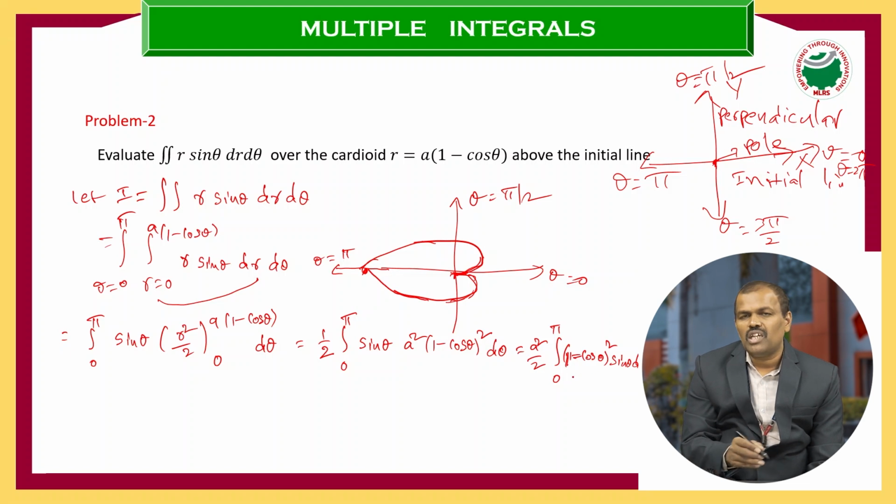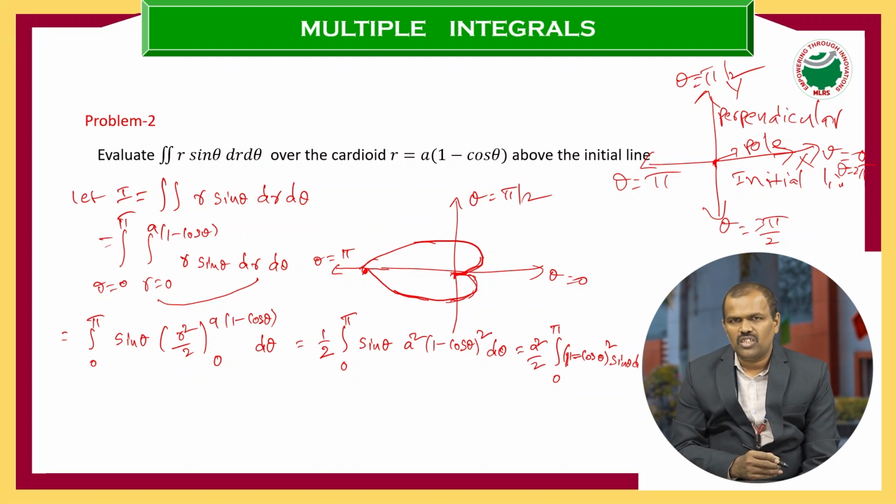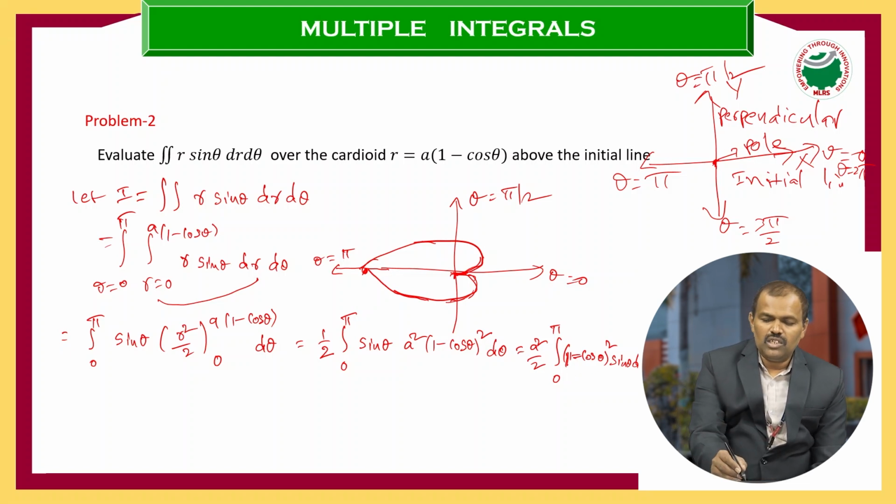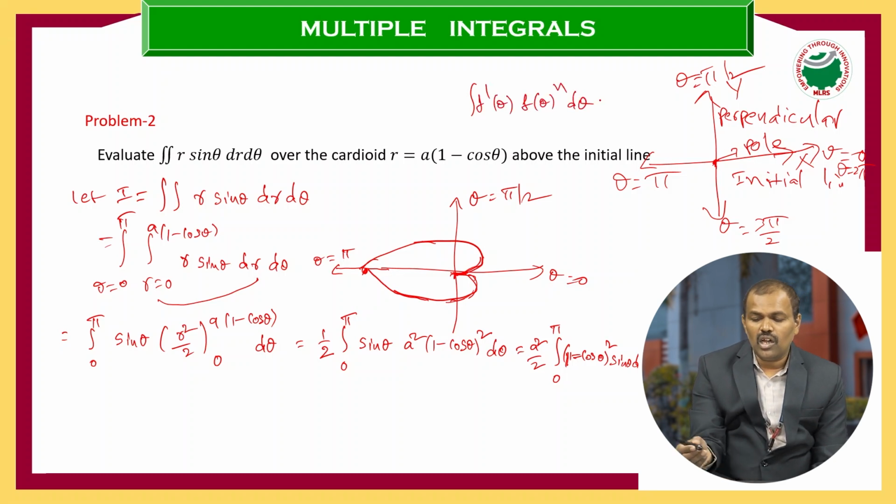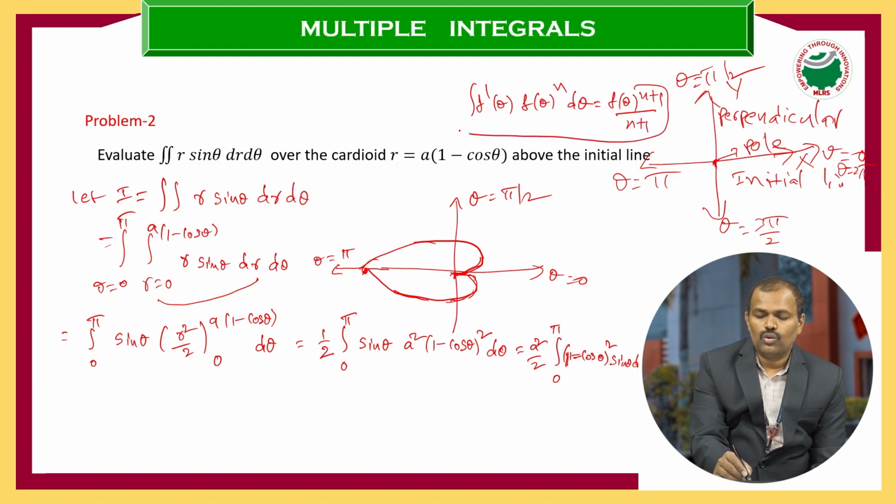If I take 1 minus cos theta as f of theta, then the integral of f dash of theta into f of theta power n d theta, it may be theta or r or x, any variable, is f of theta power n plus 1 by n plus 1. This formula we are going to apply.